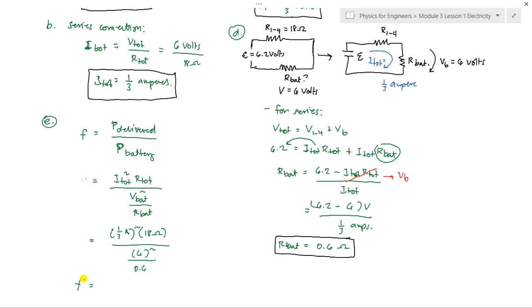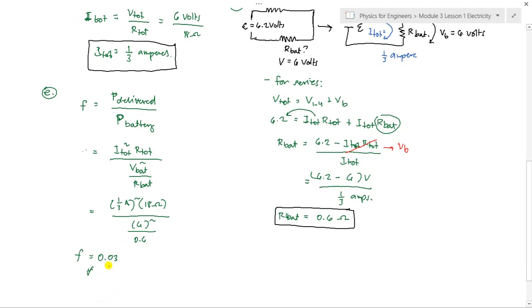Okay, 0.03, or in percent, that is 3%. So that is the answer so far, class, for this question.